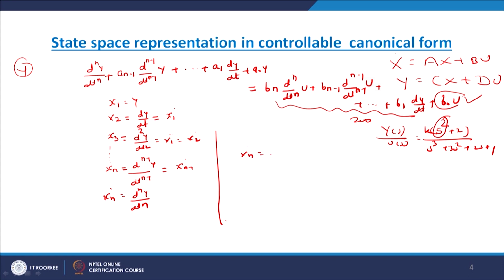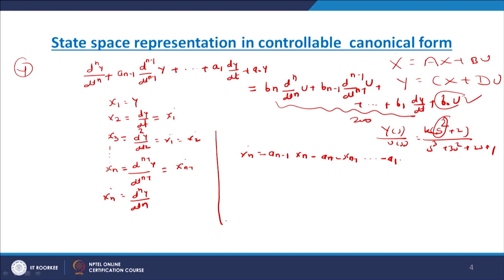We can write this equation as a n minus 1 times d n minus 1 y by dt n minus 1, which is xn, minus a of n minus 2 x of n minus 1, and this process is repeated, and finally we get minus a1 dy by dt.